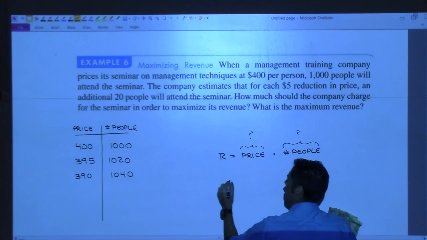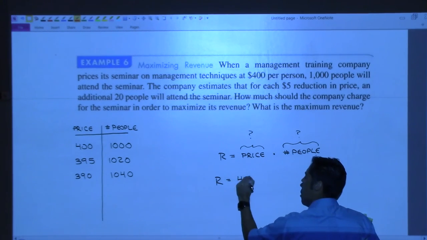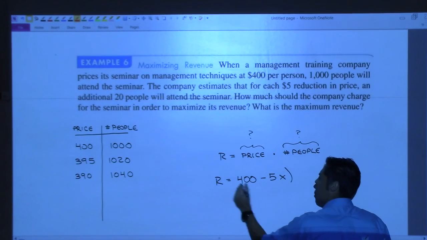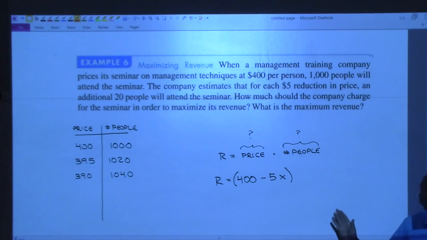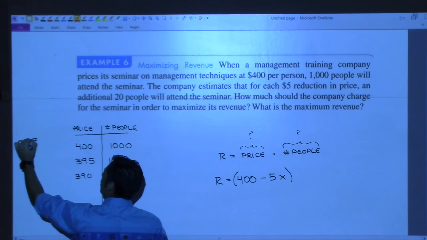The price, so our revenue is going to be, the price is going to be 400 minus 5x. And let's put that in parentheses. I want everyone to make sure you understand this. X is the number of price reductions, right?